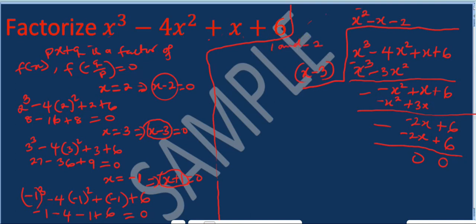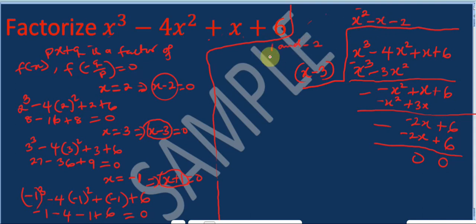1 and minus 2, because 1 plus minus 2 is going to give me minus 1, that is minus 1x. And 1 times minus 2 is going to give me minus 2. So I'm going to use 1 and minus 2. Remember that I'm dealing with a variable x.